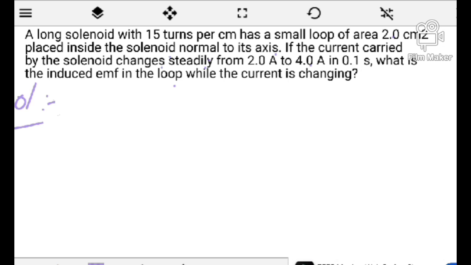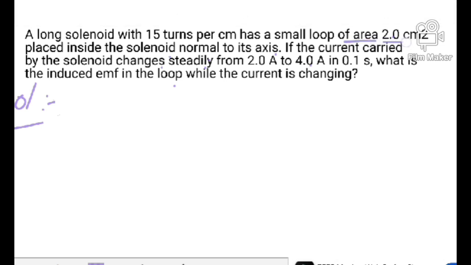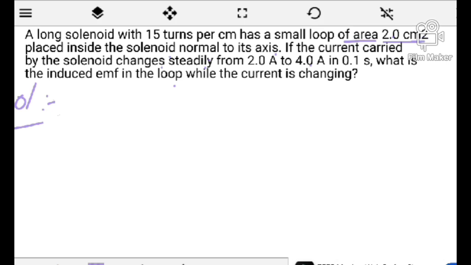This is about the solenoid. Inside the solenoid a small loop is placed whose area is 2 centimeters squared, placed normal to its axis.